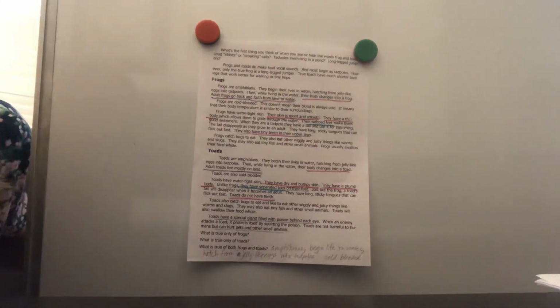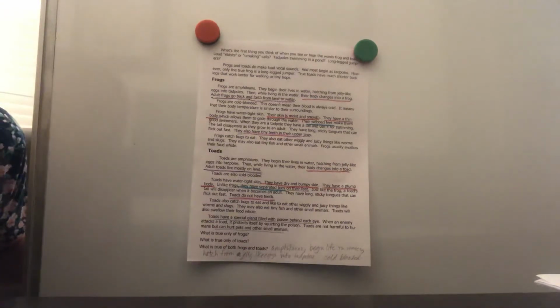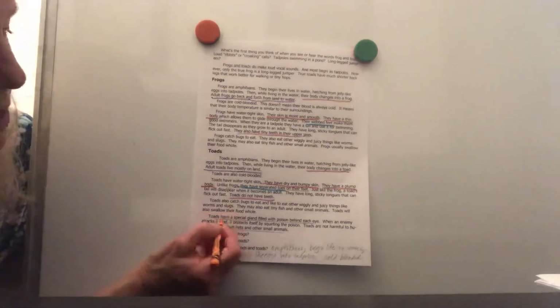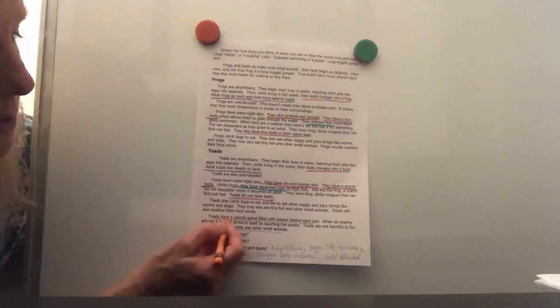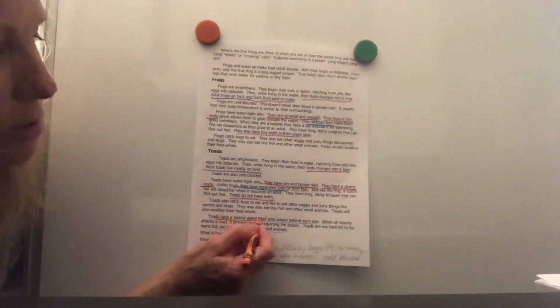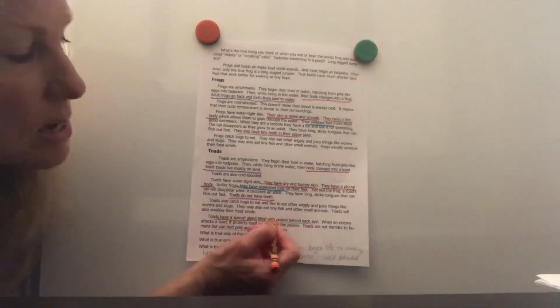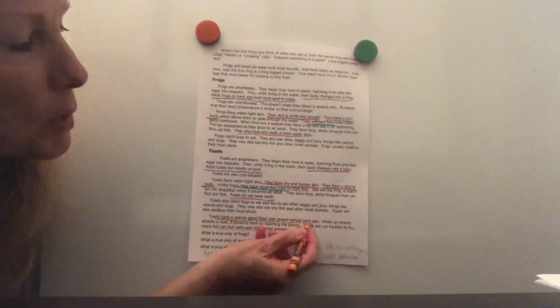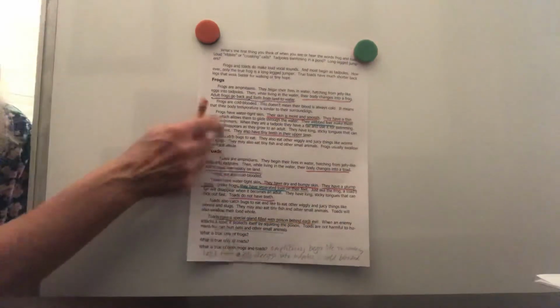And then the next difference that I found, oh yeah, it just had to do with the toad. Right down here, it talks about how toads have a special gland with poison behind their eyes. And the frog doesn't have any special kind of thing like that.